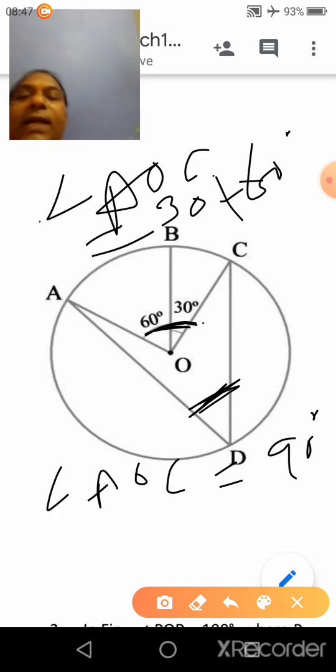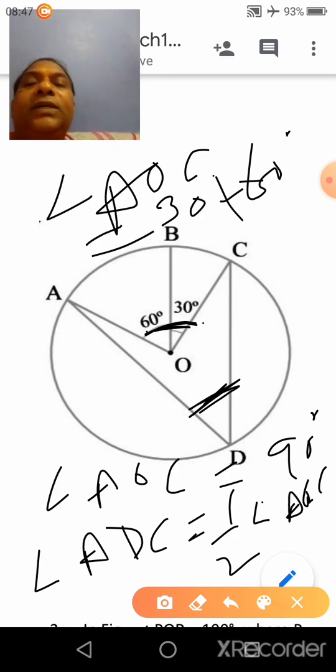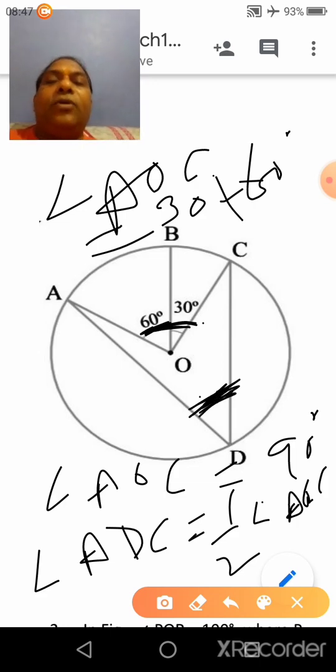Now angle ADC will be equal to half of angle AOC, because we know that angle subtended at the center is double the angle subtended at the remaining part of the circle. Clear?